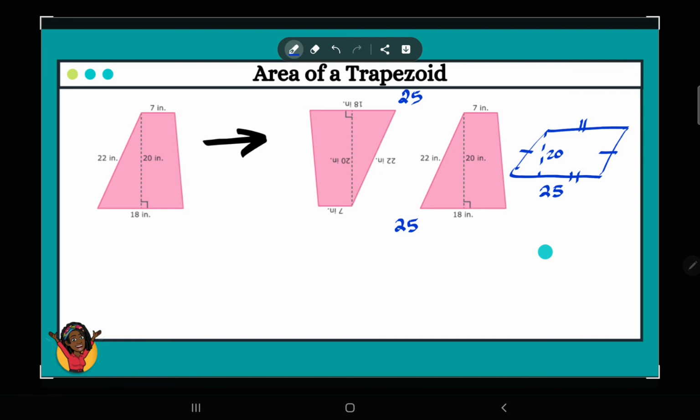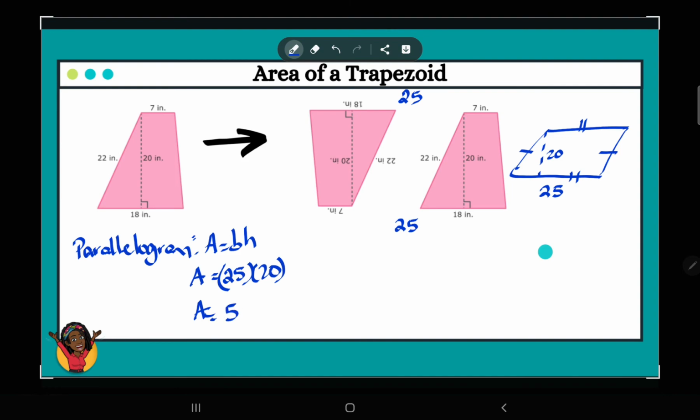So now let's go ahead and calculate this. So the parallelogram is A equals base times height, where my base is 25 and my height is 20. 25 times 20 is 500 inches squared.